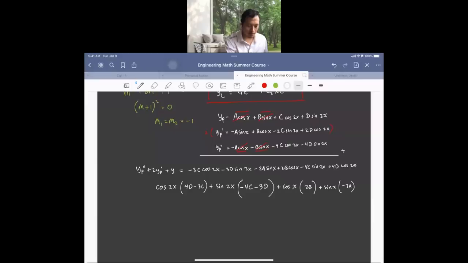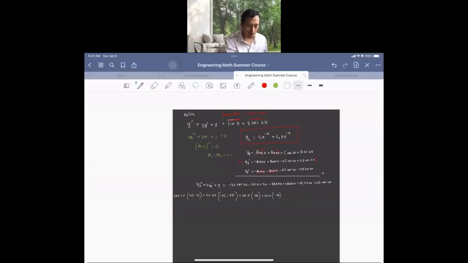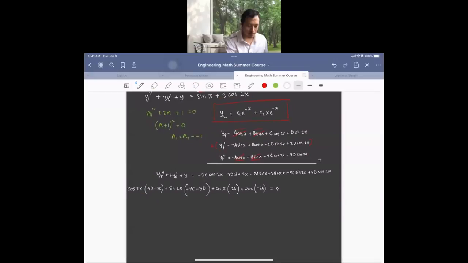Okay, we have here, we need this to equal sine x plus 3 cos 2x.